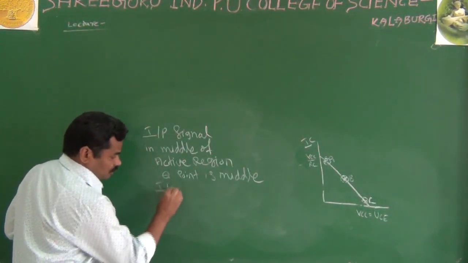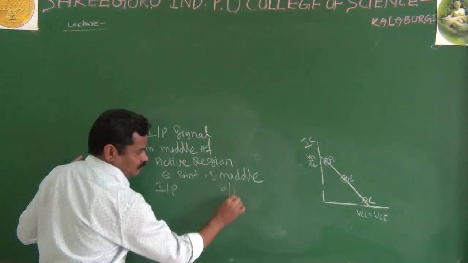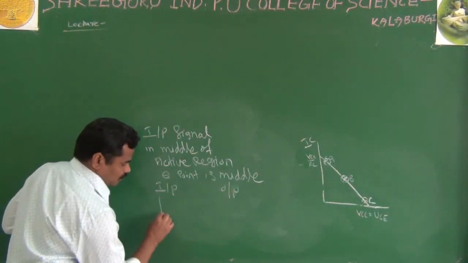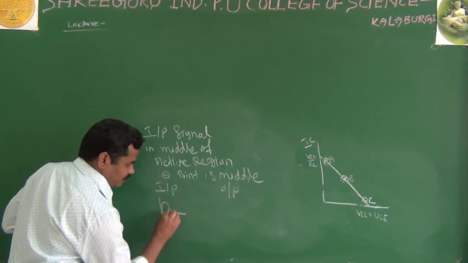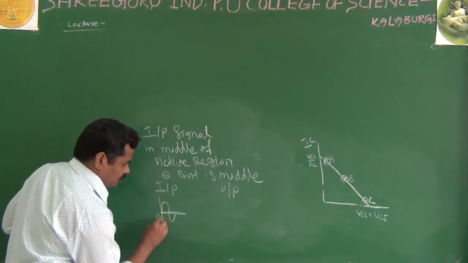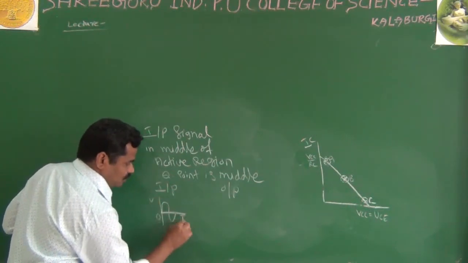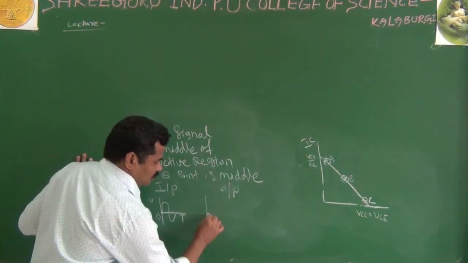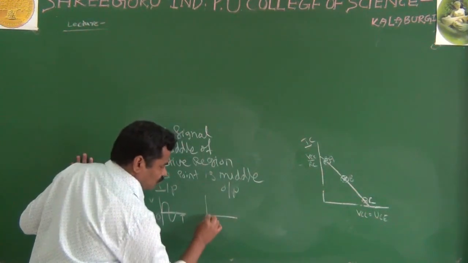This is your input signal and this is your output signal. You are applying a sinusoidal signal as input, but what will we get at the output?